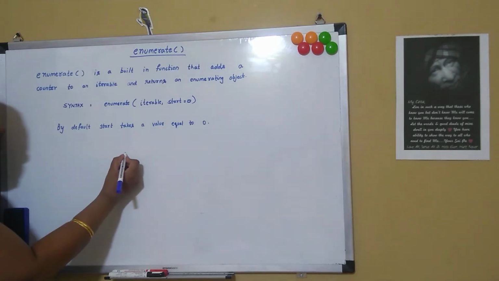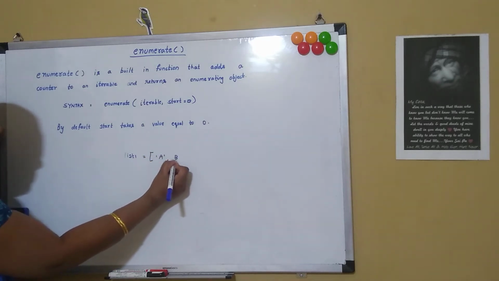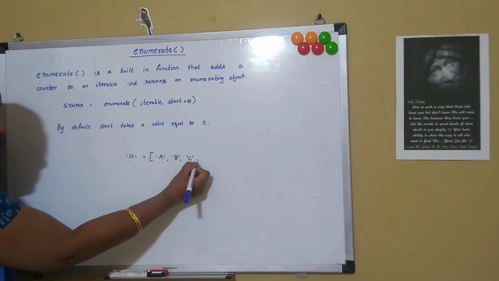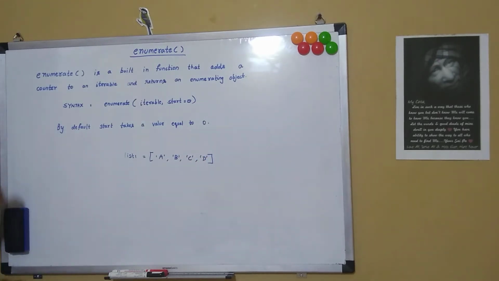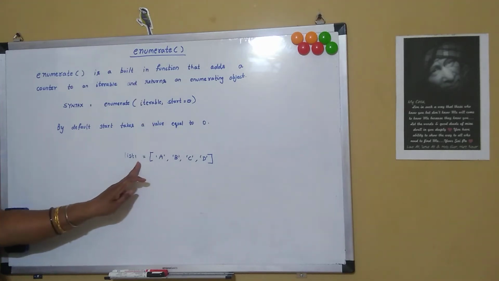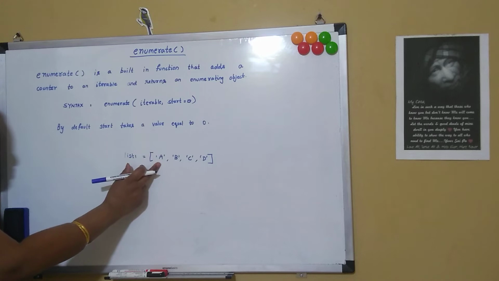Suppose, for example, I have my list 1 which is equal to A, B, C, D. These are the items in the list 1. And while looping into the list 1, I want to have a counter value.